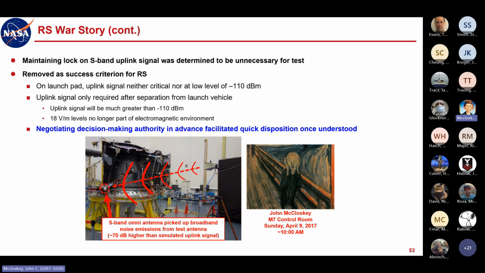And I asked my management to give that to me and put it in writing to Northrop Grumman management so that there would be no fuzz on it if something like this happened, that I would have the authority to make the decision to keep the test moving, once we determined that the spacecraft was safe and that it was safe to proceed.